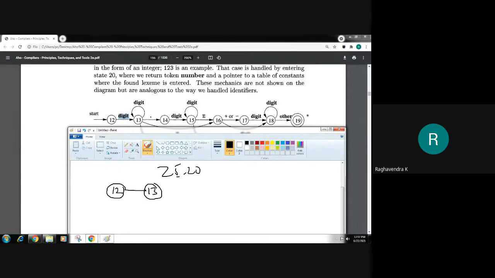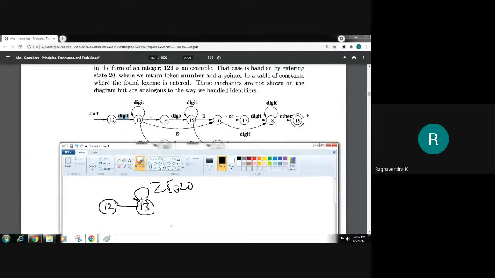Then I'm reading 5, so state number 13. Then I have seen a dot. As you can observe here, we will move towards state number 14 now. So once in state number 14, I have read a digit, so I will move on to state number 15.